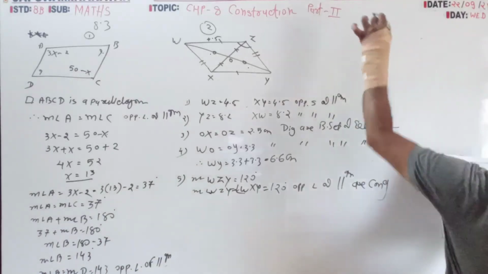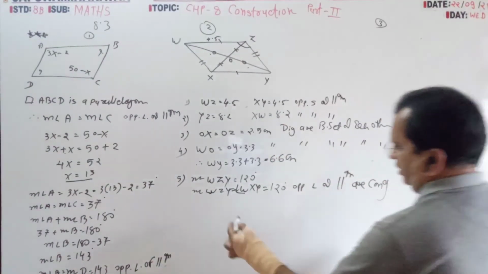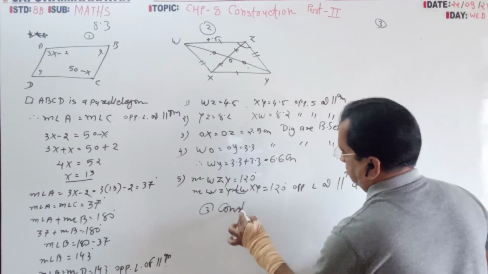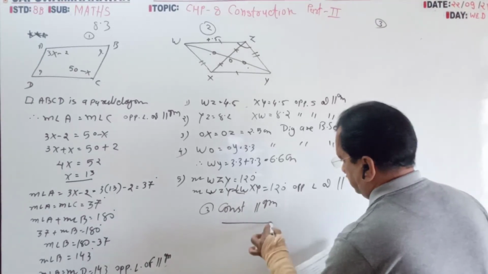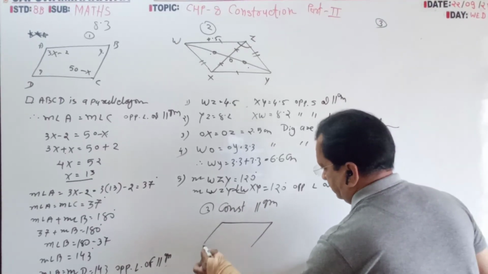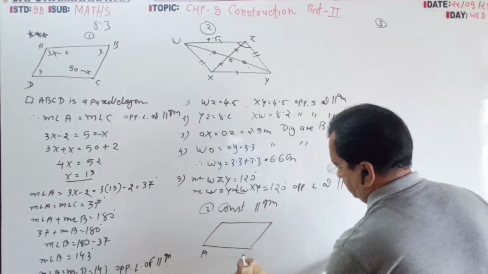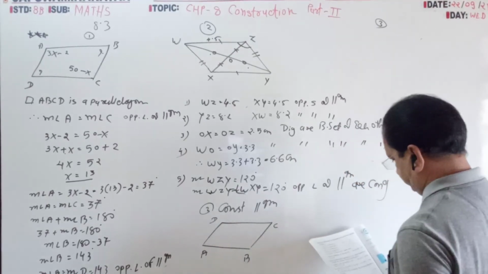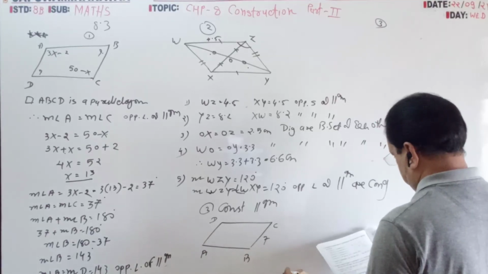Now question number 3. Construct a parallelogram. Rough I will do here. First rough diagram. ABCD. BC is 7. Angle ABC.